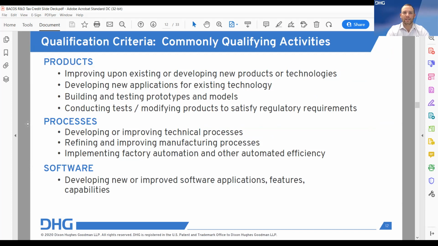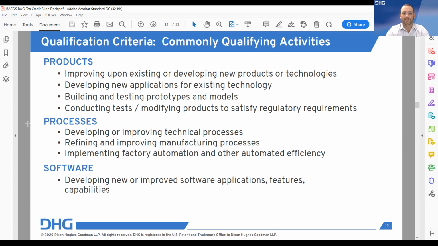But in general, for new product development, if you're improving upon existing or developing new products or technologies, developing new applications for currently existing technologies, developing, designing, and building prototypes, models, and pilot models, and conducting testing and helping improve, modify, and tweak products to satisfy even a regulatory requirement, those are all related to modifying what is currently out there and looking to improve or even create new functionality. So those are four very common examples that we'll see with respect to new product development.